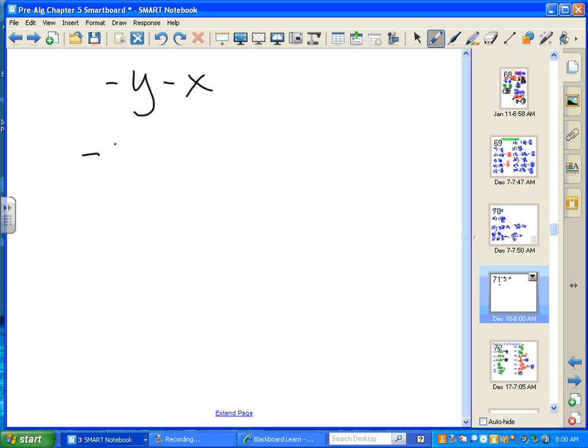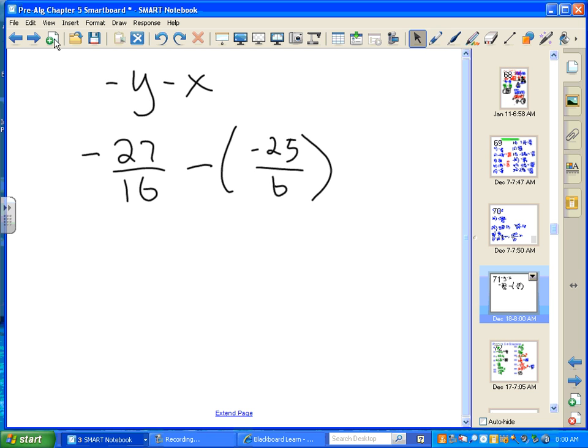The y is negative 27 over 16, and then x, converting it, is negative 25 over 6. So for the first step of 24, all I did was convert them. You should have negative 27 over 16 minus negative 25 over 6. Next step, find common denominators, which is 48. Did you find a common denominator of 48?